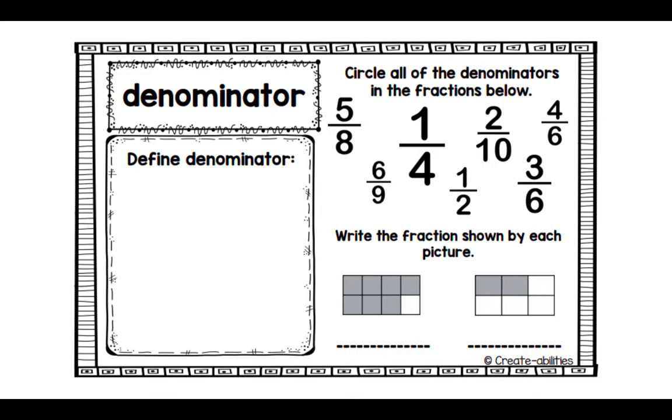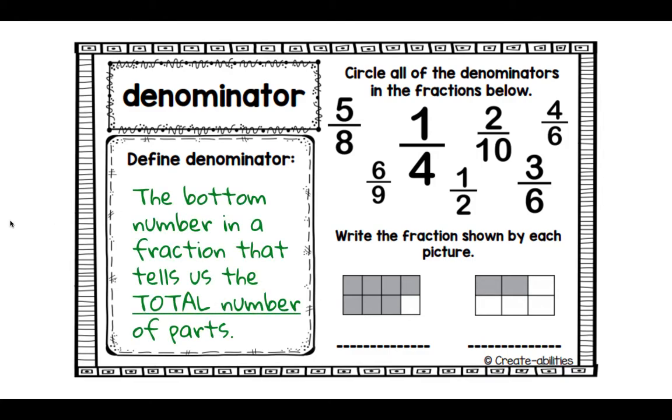Okay, so now that we're on the denominator page in your book, you are going to write down this definition for the denominator while I read it. The denominator is the bottom number in a fraction that tells us the total number of parts.